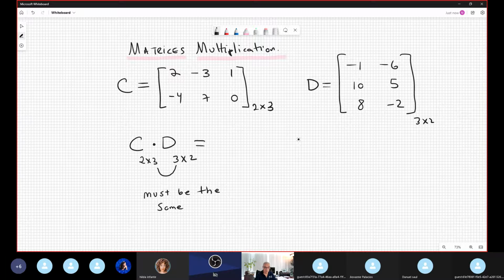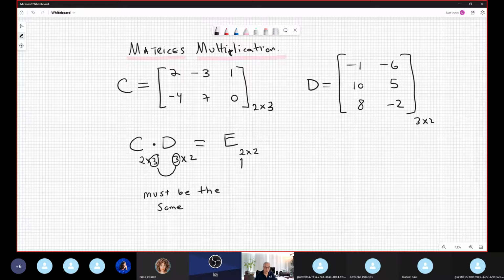Now, in this case it is possible, because this 3 and this 3 are the same. See, the other numbers are not important. The important thing is that the number of columns in the first matches the number of rows in the second. And the new matrix is 2 by 2. Where does the 2 by 2 come from?